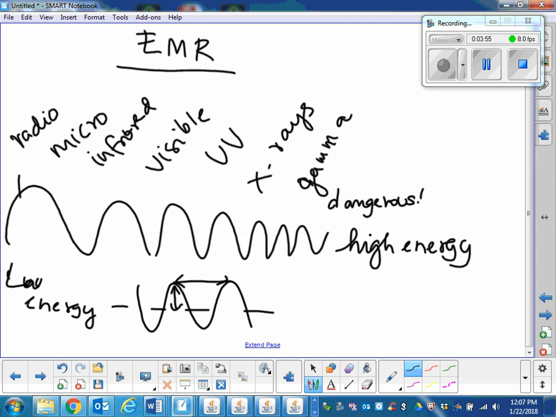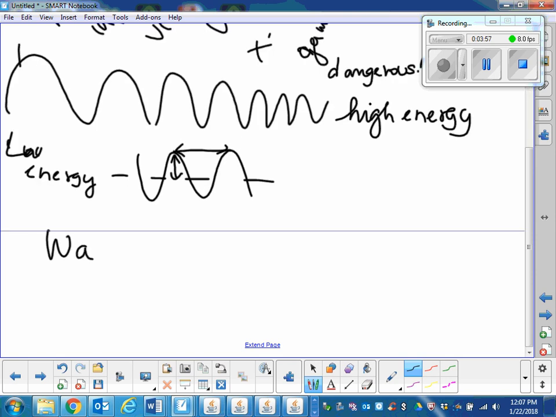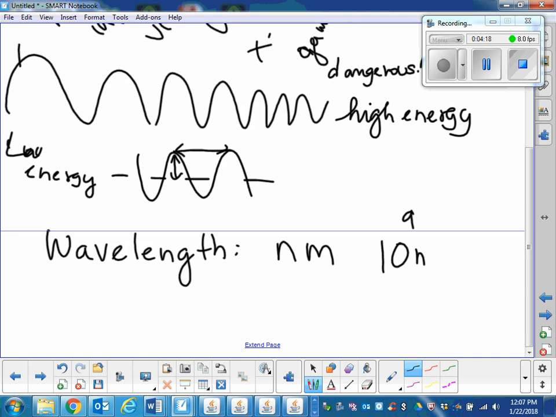Now, wavelength is a length. Is that right? Yes. But then the length is really small. So wavelength is generally measured in nanometers. And what's the conversion factor between nanometers and meters? 10 to the 9 nanometers makes 1 meter. So a lot of nanometers make 1 meter.